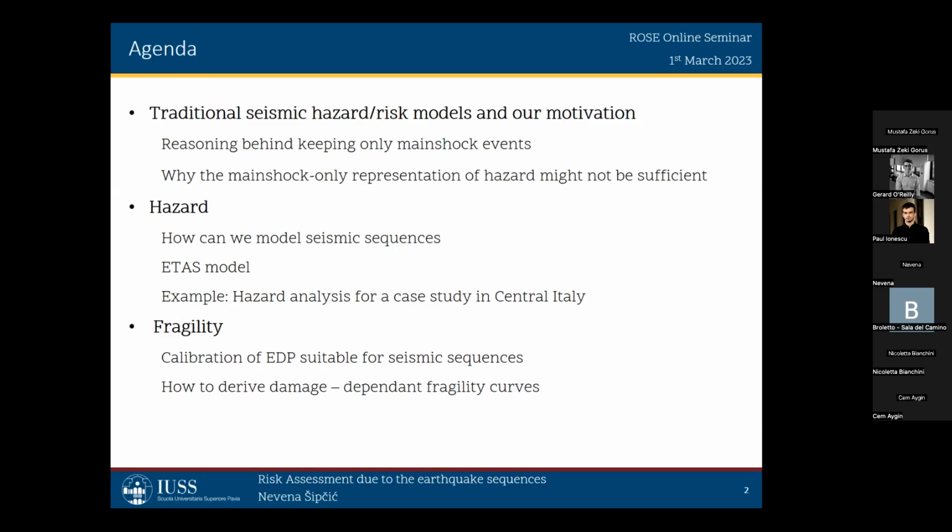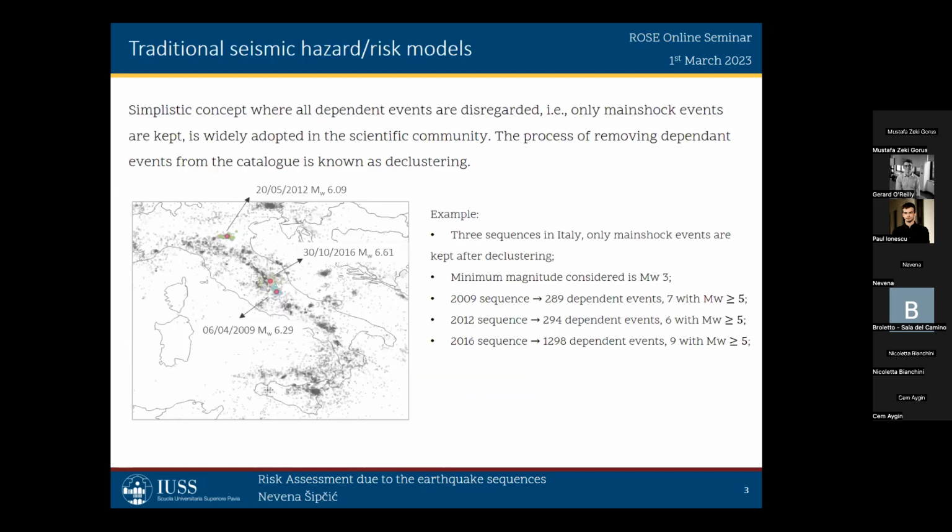I will talk about the hazard and how we can model seismic sequences. And I will show you how to use the IUSS model for a case study in Central Italy. And then we will move to the last part, which has to do with the fragility and deriving damage-dependent fragility curves. So first, I would like to say a couple of words about traditional seismic hazard and risk models.